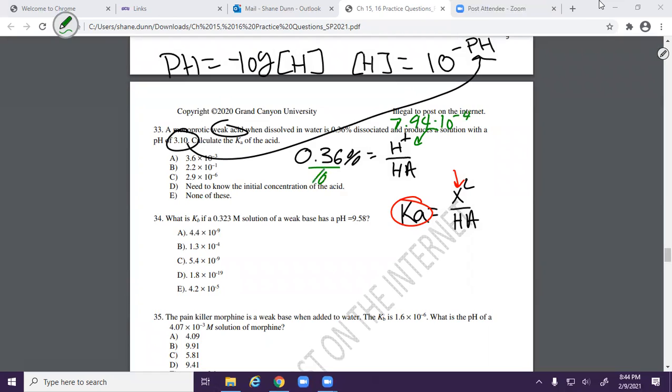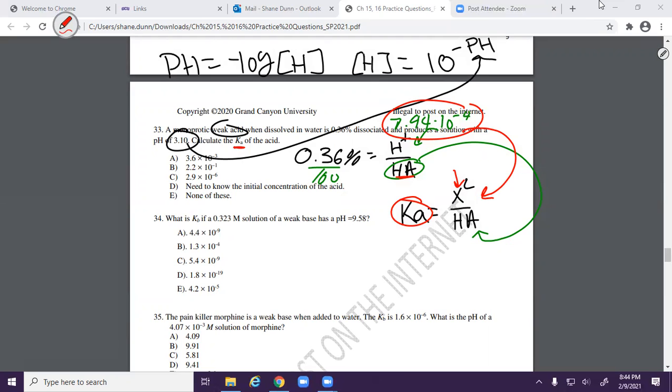So you divide by 100, solve for HA, plug HA into here. We're looking for Ka. Calculate Ka. You got to solve for HA down here and plug that into the bottom equation. Last equation was nice because they gave us Ka values. This time I'm going to solve for it.